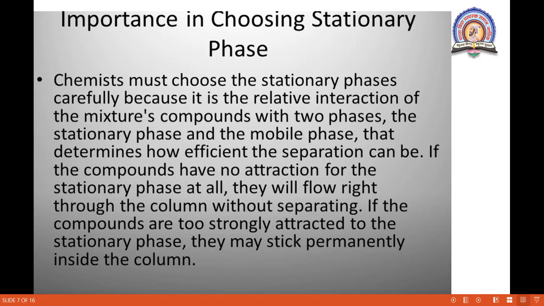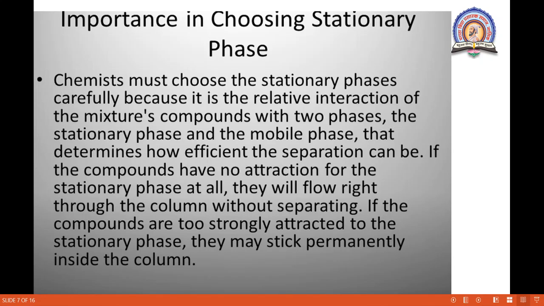The chemist must choose the stationary phase carefully because it is the relative interaction of the mixture's compounds with two phases, the stationary phase and the mobile phase, that determines how efficient the separation can be. If the compounds have no interaction with the stationary phase at all, they will flow right through the column without separating.